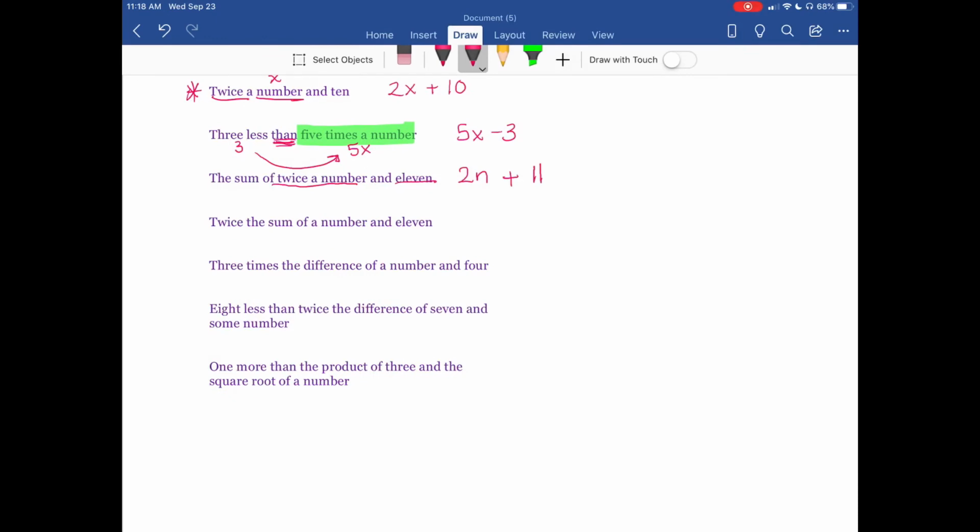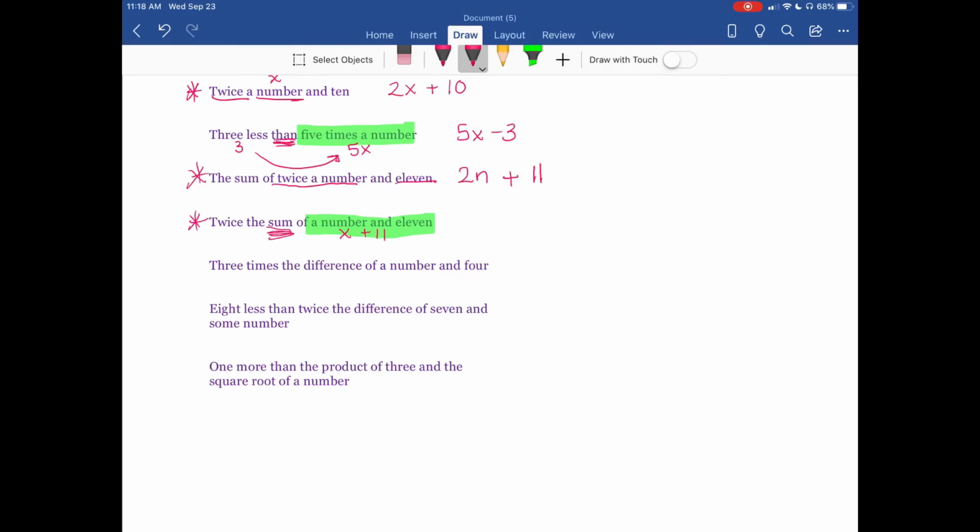So, what makes that different than this? Twice the sum. So what am I taking twice of? The number? No, the sum. So let's figure out what that sum is in this problem. The sum of a number and 11. So now I have a number, I'll call that x, and 11.